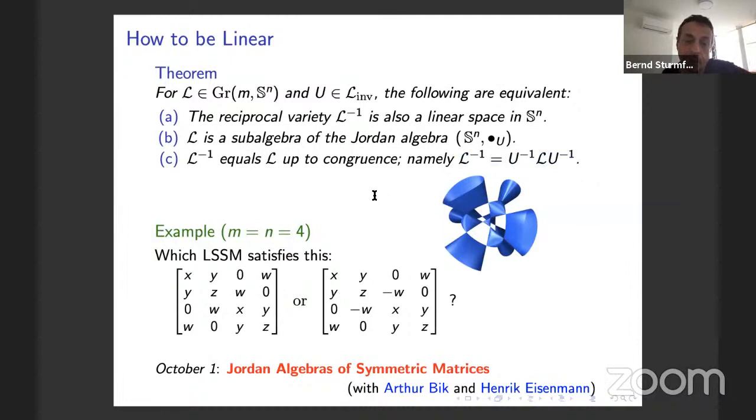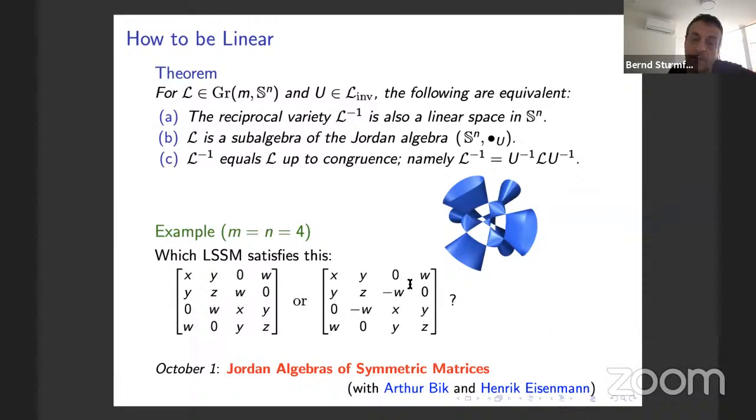Okay. So this is in this paper called Jordan Algebras of Symmetric Matrices. Here's a little example to test our understanding. Here is a symmetric 4x4 matrix that has 4 entries, X, Y, Z, W. So this describes a 4-dimensional space of symmetric 4x4 matrices. Here's a different space.